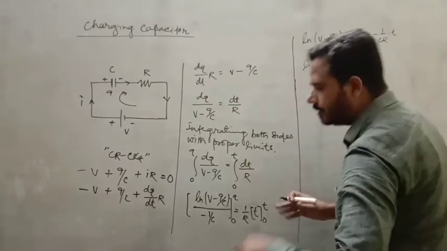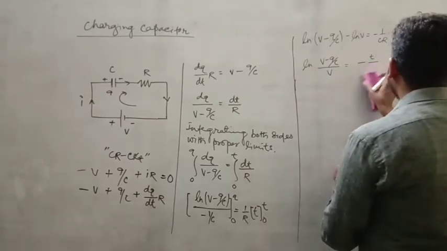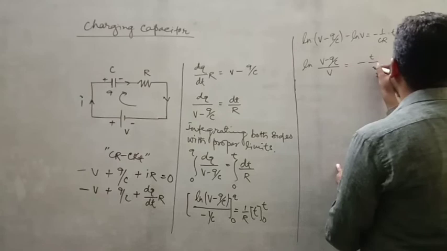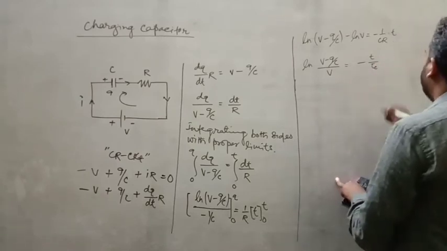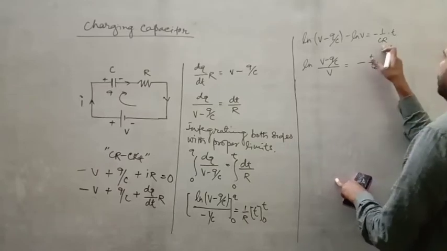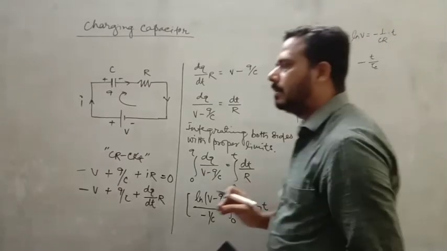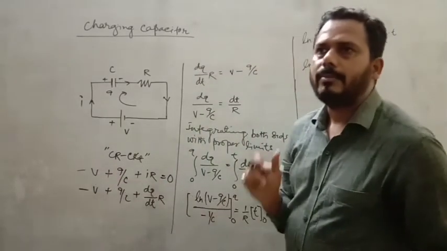So tau c is a constant because cr is a constant.